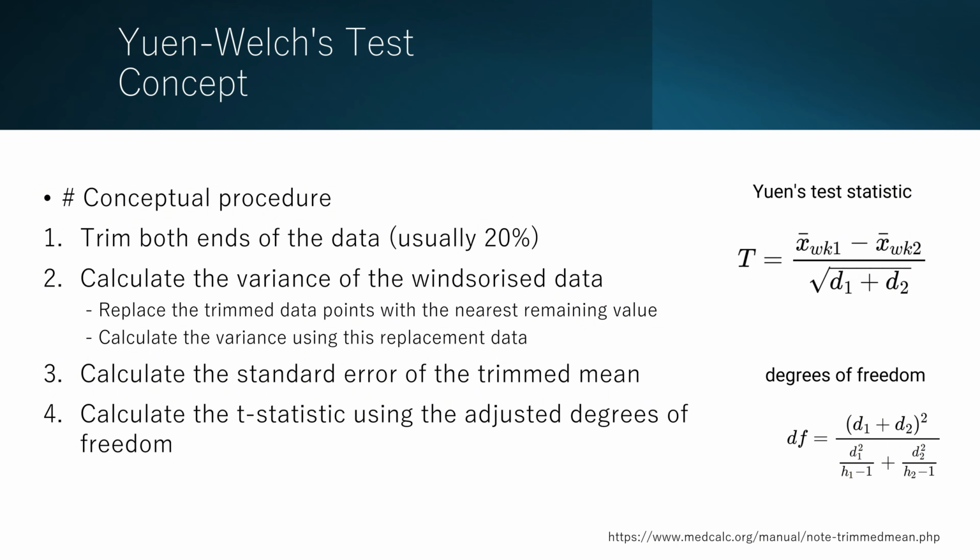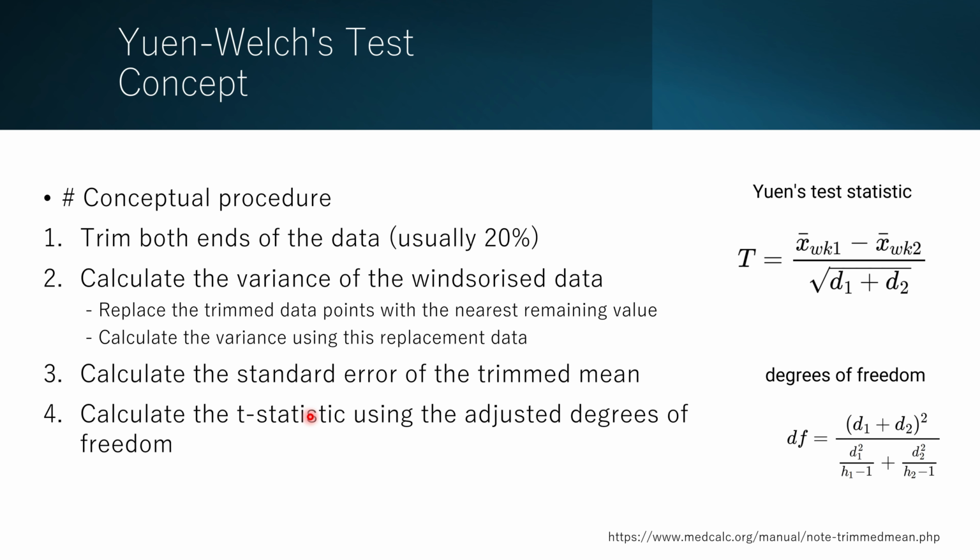And here is the concept. First, trim the data. This means you remove a percentage, like 20%, of the highest and lowest scores in both groups. This throws away the extreme outliers, and then we do the calculations on the remaining data.